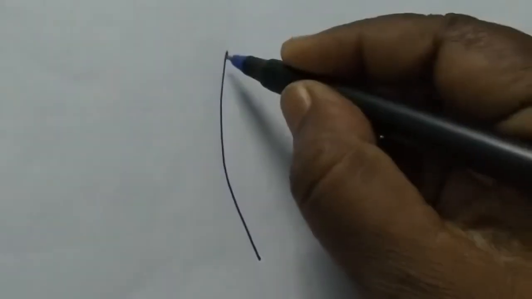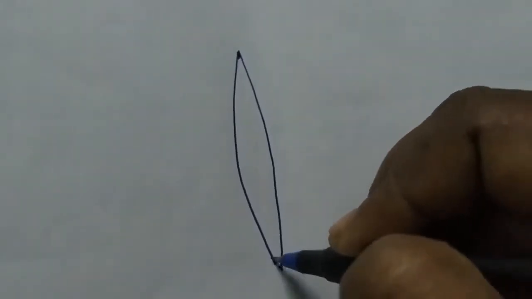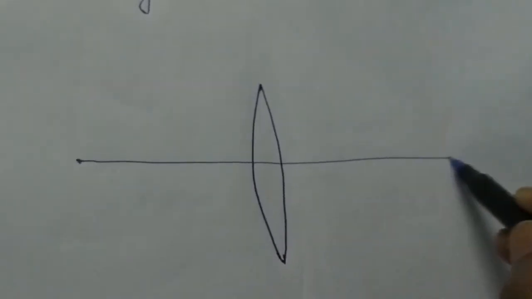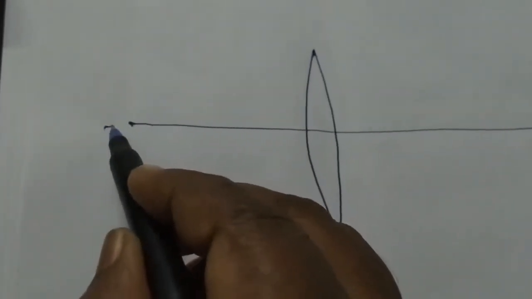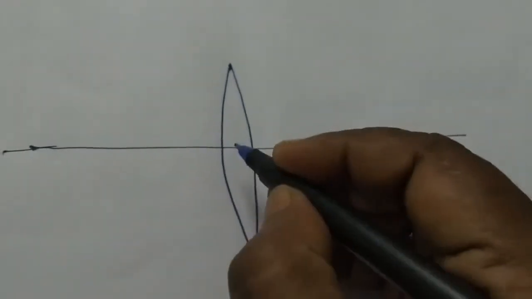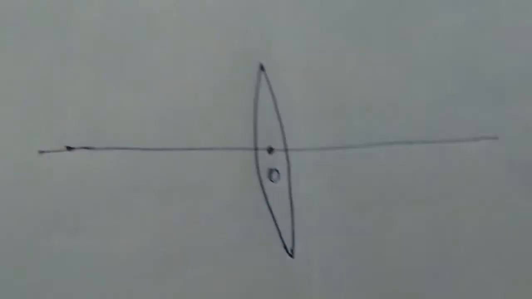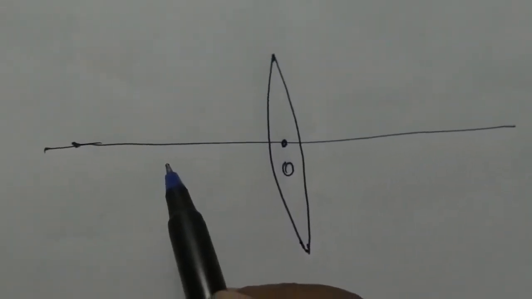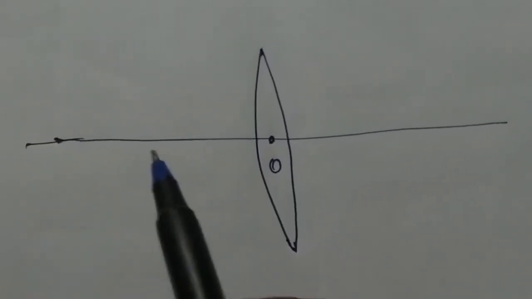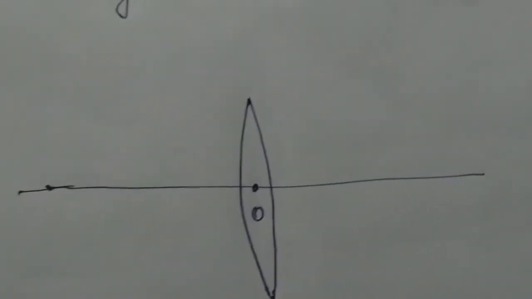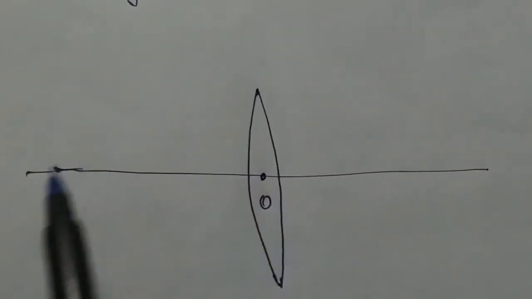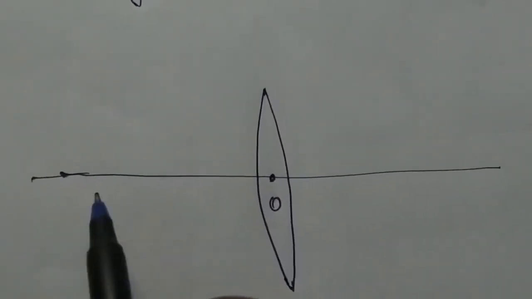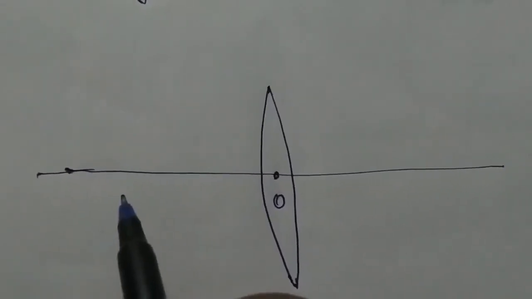So this is a lens, a convex lens. Principal axis, and then optic center O. So our first point, the object is always placed on the left side of the lens.